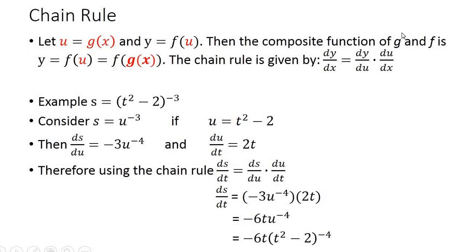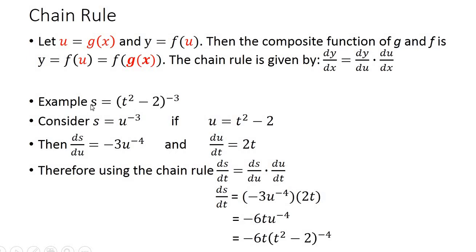So the composite function of g and f is f of g of x. In this case, we apply the chain rule where dy dx is given by dy du times du dx. As you can see, the du will cancel, and we still get back to dy dx. So we introduce the chain rule to simplify things and make life easy.